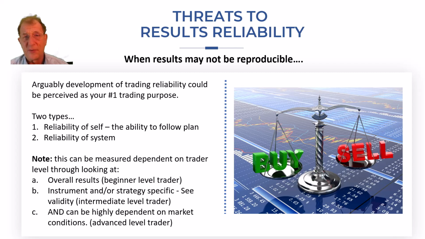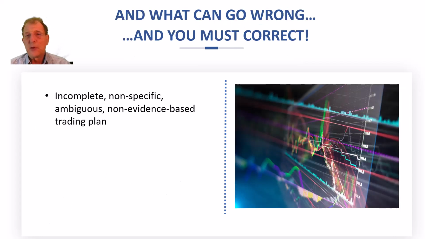The reality often is that our trading system performance will differ depending on these. And that's why we suggest that ultimately, as you move from beginner through intermediate to advanced, this is something well worth looking at. But of course, the major threat to reliability is what's happening with you.